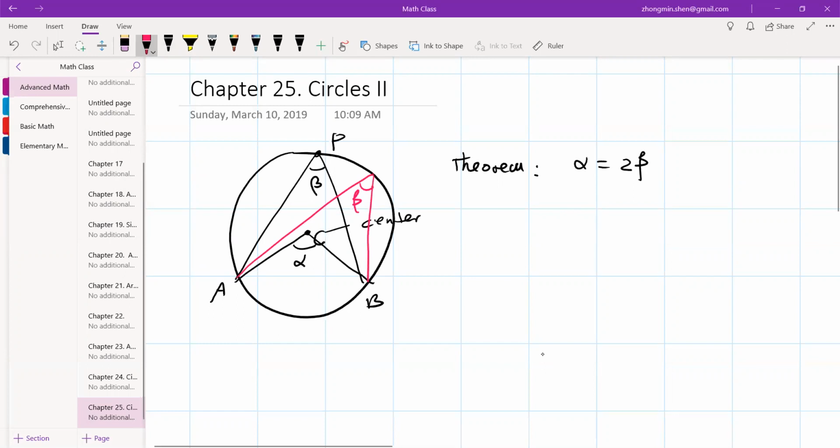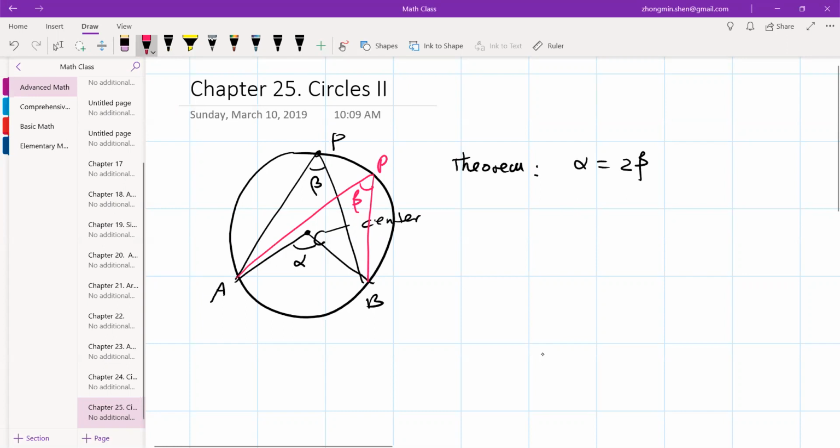It's still the same angle as long as A and B are fixed. It is surprising, right? You would think that when you move the point P around the circle, the angle beta would change, but actually the beta angle does not change.